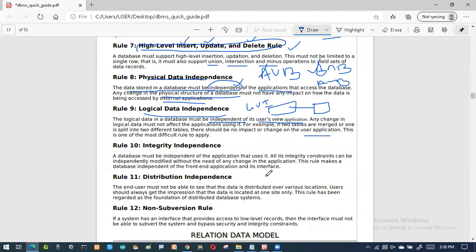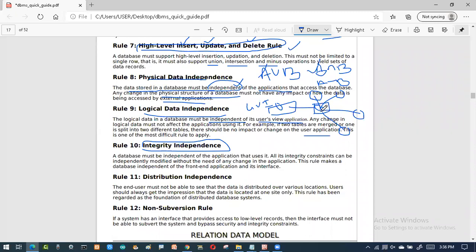Two or three more rules are there, then we'll wind up the class. Coming to integrity independence. As I told you, I have many backend processes, many servers, and many tables which have been split. Once I store the values through this GUI, say this is a roll number for this particular person, it is updated only here.